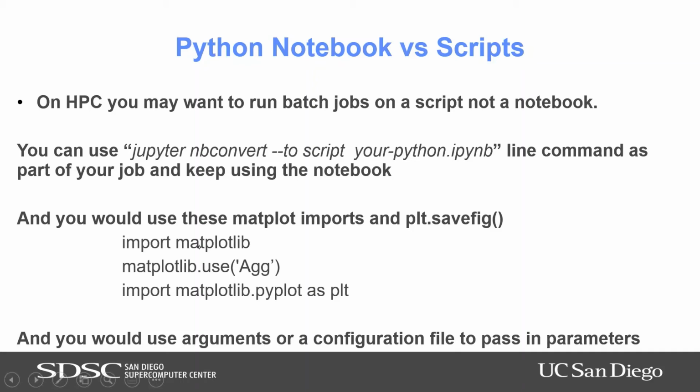And as long as you have the matplotlib option so that it doesn't try to use the screen, it'll use a different back end. I can't remember what the AGG stands for, but this says don't try to display it on the screen. And then you can just save your figures in a file. You can go back and forth between notebooks and Python scripts this way.